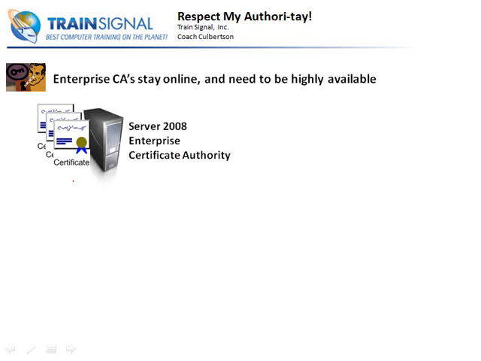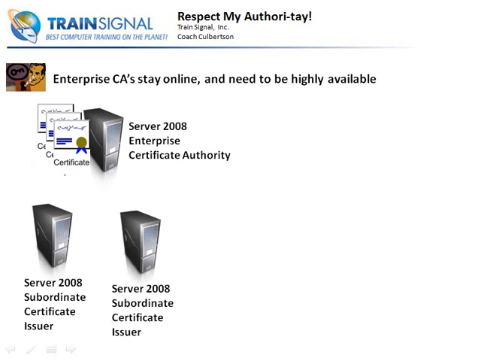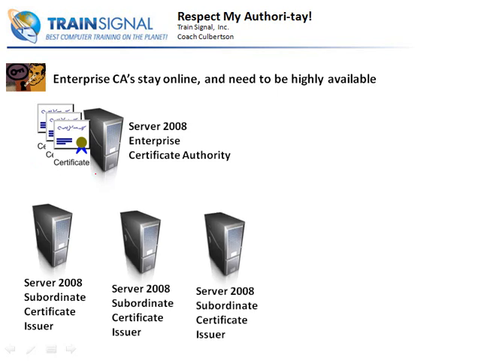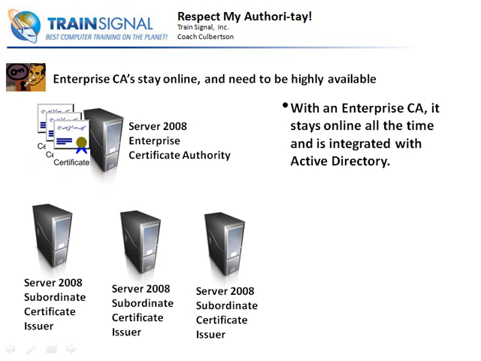This guy actually stays online, and it does need to be highly available. So you're going to use this guy maybe as your root certificate authority. Then you're also going to have additional subordinate certificate servers or issuers. Now, the difference is that when certificates are generated using an enterprise CA, it doesn't go offline.